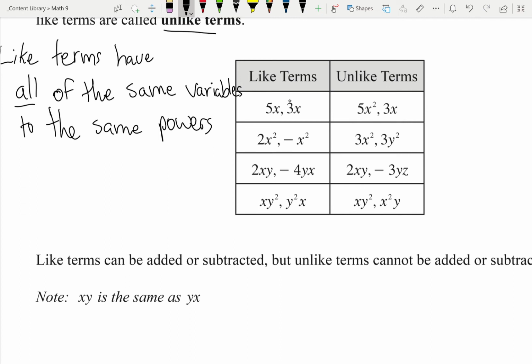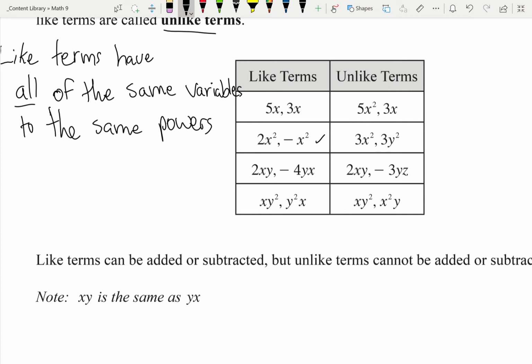Another way I can think about it is I have 2x squared and then negative x squared. This is also like terms because they're both x squared. Third one, I have 2xy and then minus 4yx. The key thing is that I'm looking for the same variables and the same power.